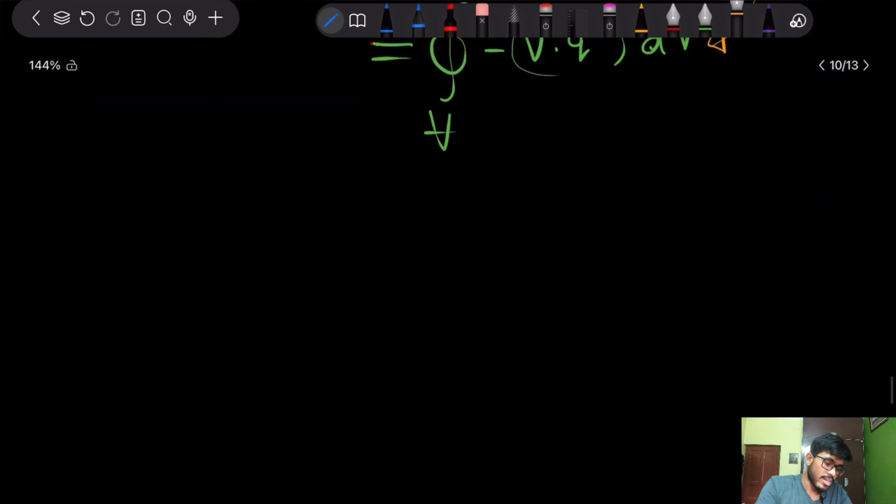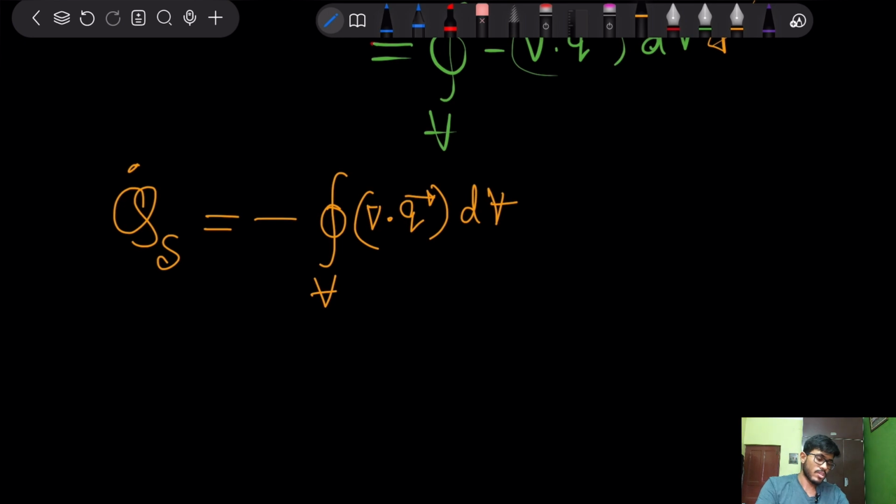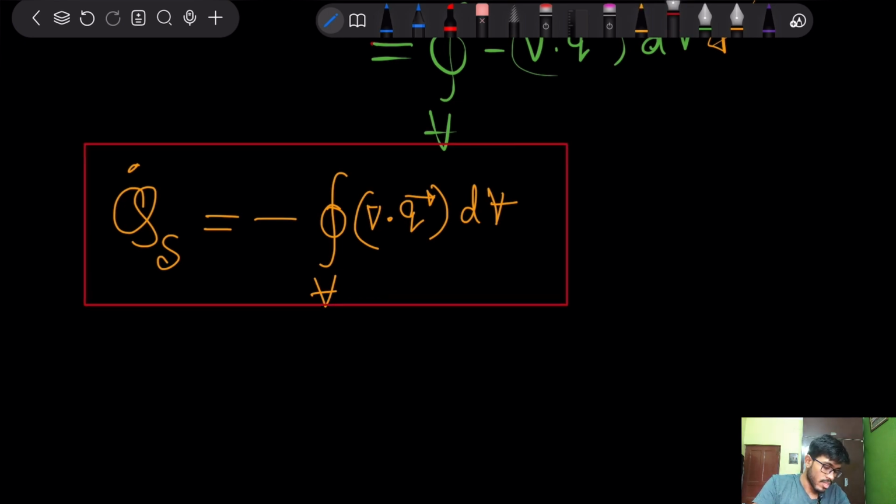So my Qs finally, just concluding, is minus the divergence of q into dV, volume integral. So this is the Qs.